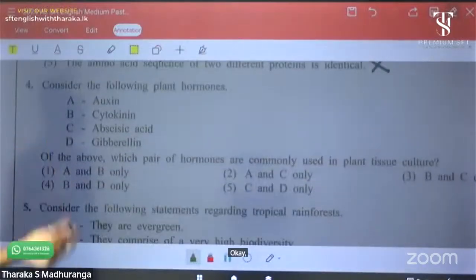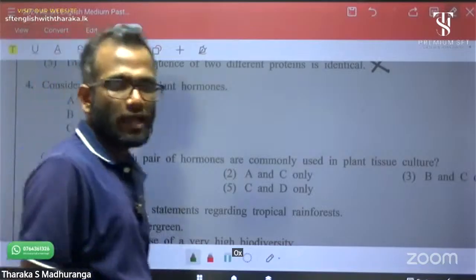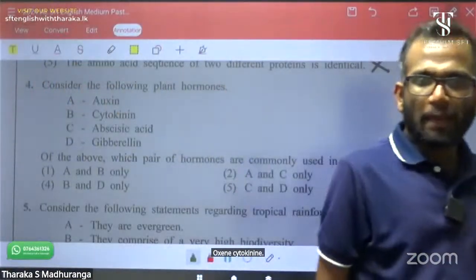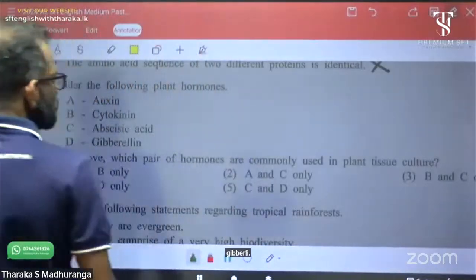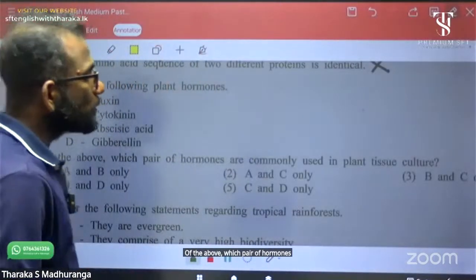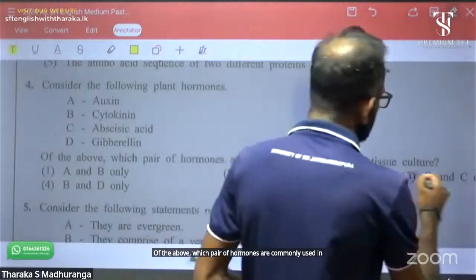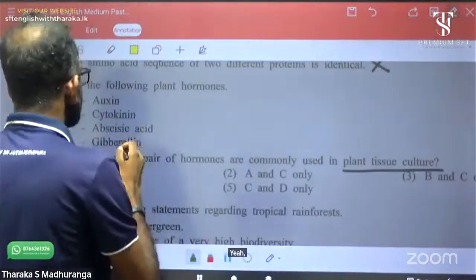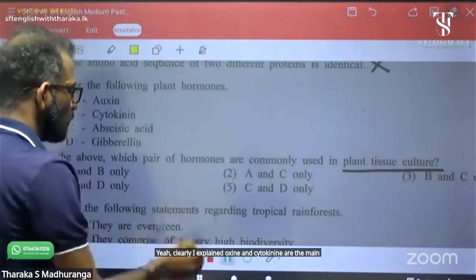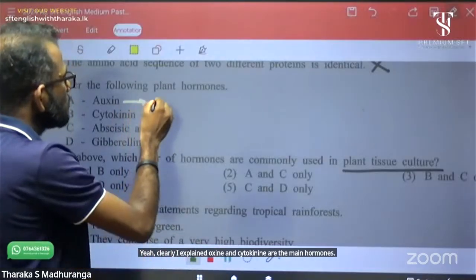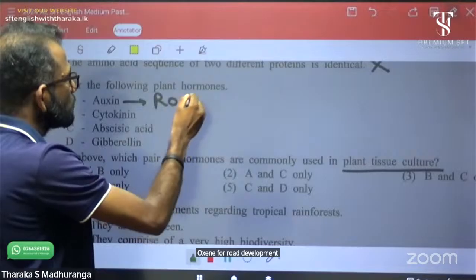Okay, consider the following plant hormones: auxin, cytokinin, abscisic acid, and gibberellin. Of the above, which pair of hormones are commonly used in plant tissue culture? Clearly I explained auxin and cytokinin are the main hormones. Auxin for root development.